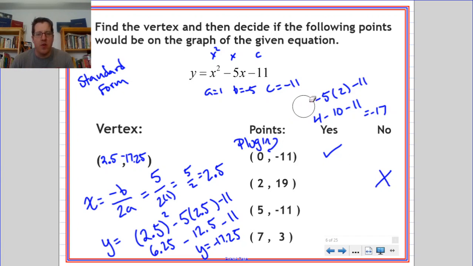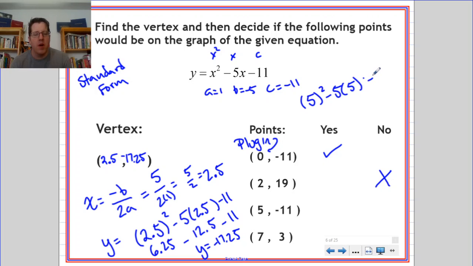Moving on to the next one, I would plug in +5. Remember, I would do this in parentheses. So I would do 5 squared minus 5 times 5 minus 11. 25 minus 25 minus 11. That does give me -11. And finally, I would plug in 7 for the last one.